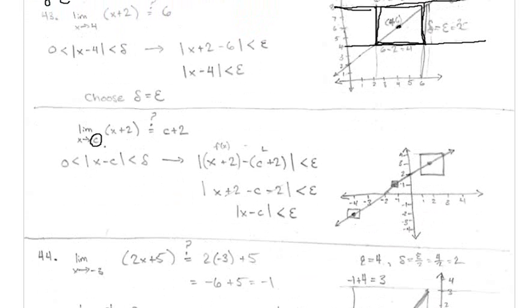So if x is no more than delta away from some c value, I need to show that my function f of x is going to be no more than epsilon away from L. And I do a direct substitution again, and whenever I do that direct substitution, I just put in the value of c instead of x, and then this is c plus 2. So as x approaches c, x plus 2 should approach c plus 2.